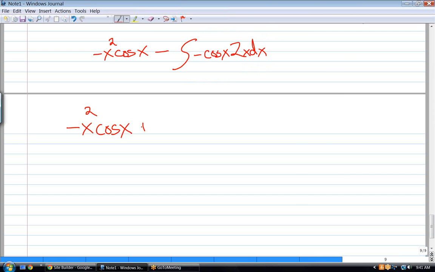Now again, we have to do it again. I guess there's no harm in using the same letters and same variables, as long as you realize you're on the second iteration.